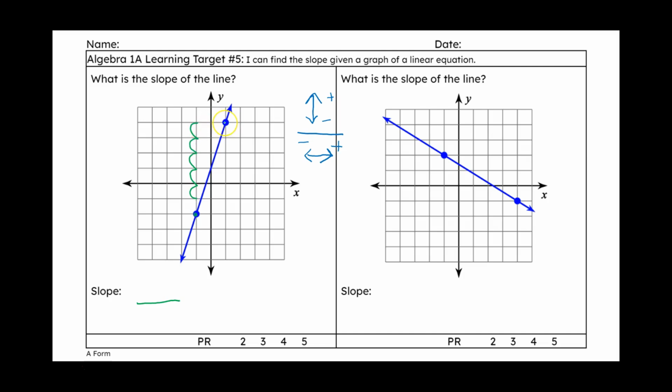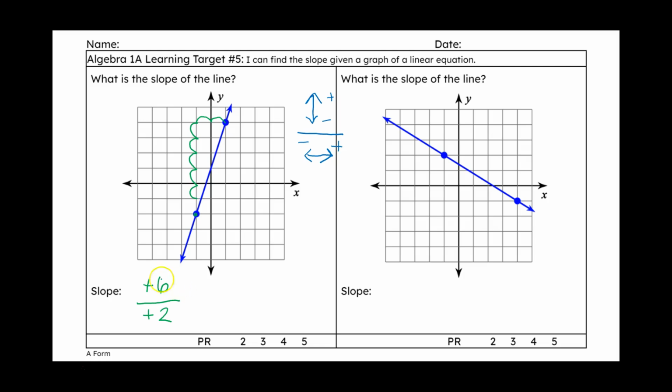Now I'm in line, so I have to go up 6. Now from here, let's see how much we have to go right or left. I need to go right. That's forward. That's positive 1, 2. Positive 2. Now, technically, that is your slope, and that is a legitimate answer.